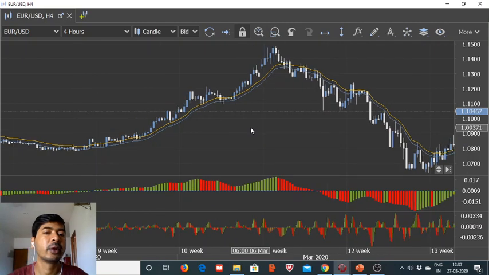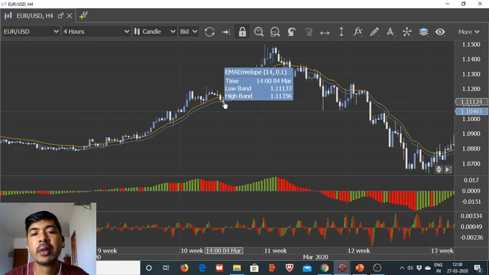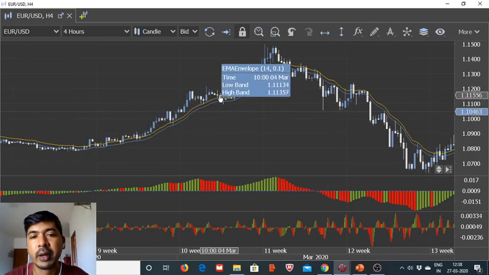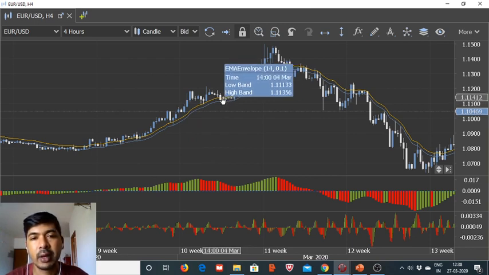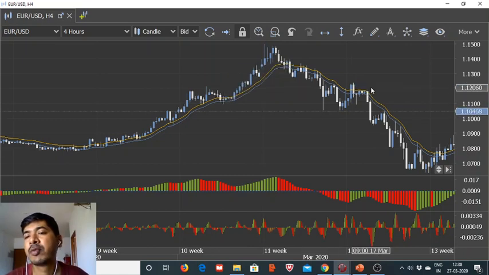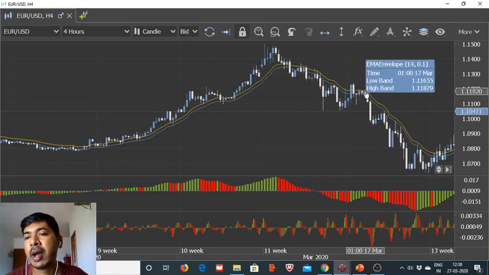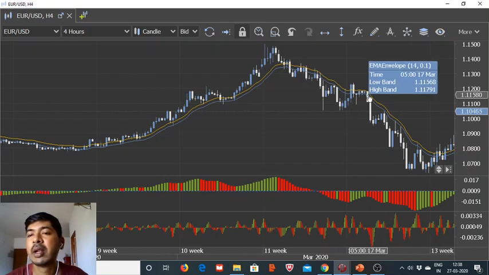I will again explain to you. We want the candle low for the last 8 hours to be less than the upper band of the EMA envelope for the buy trade, and for the sell trade we want the candle high to be above the lower band for the sell trade to execute.